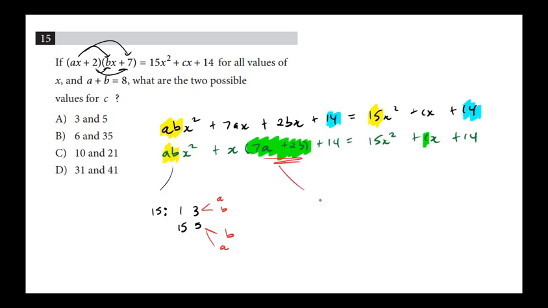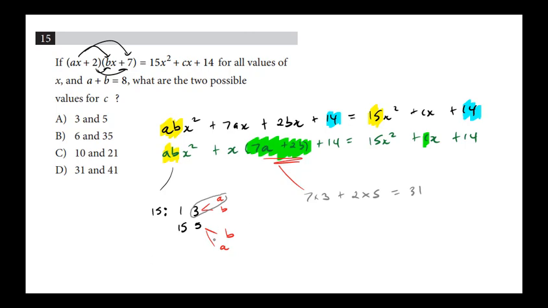So if a is 3 and b is 5, then you get 7 times 3 plus 2 times 5. The value of c is going to be 21 plus 10, which is 31 for c.